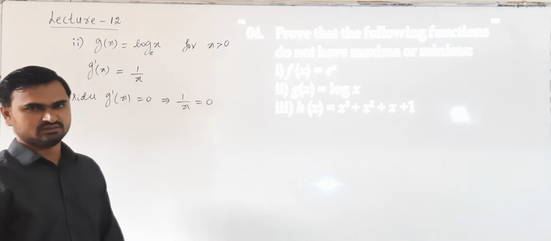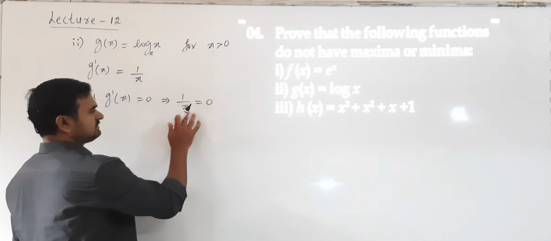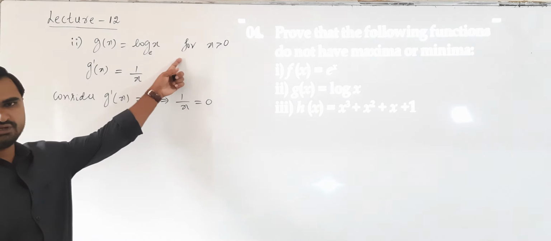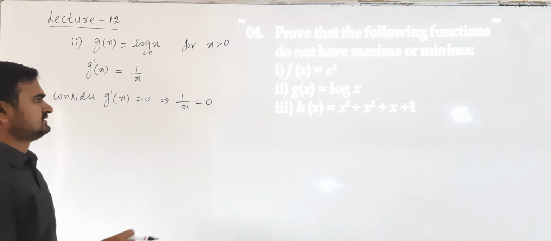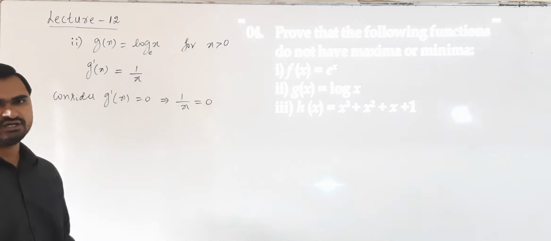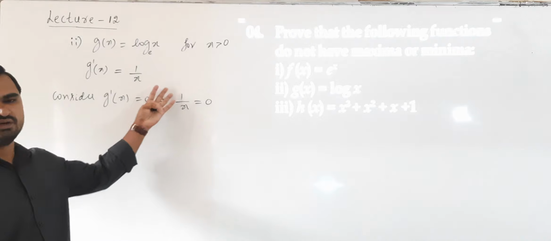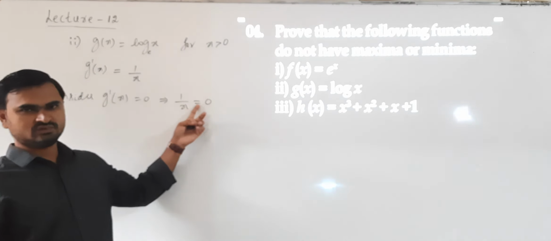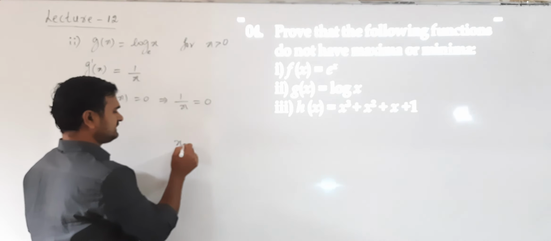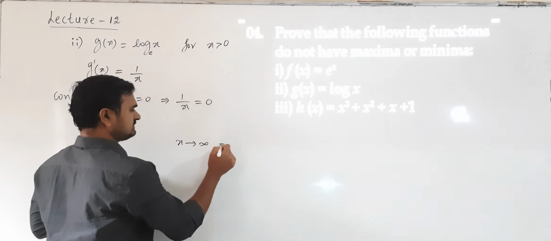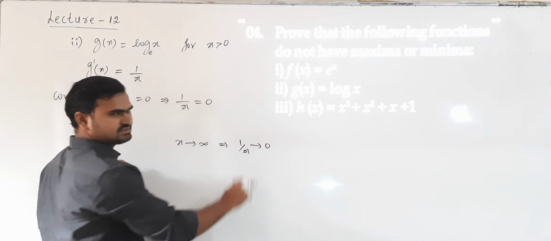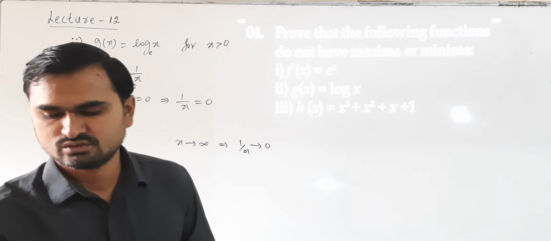That is not possible. So is there any value of x in the domain where 1 by x is 0? There is no fixed value of x. When x is tending to infinity, 1 by x will be 0. But we need it equal to 0. As x tends to infinity, we say that 1 by x is tending to 0. Tending to 0 means it is approximately 0, closer to 0.